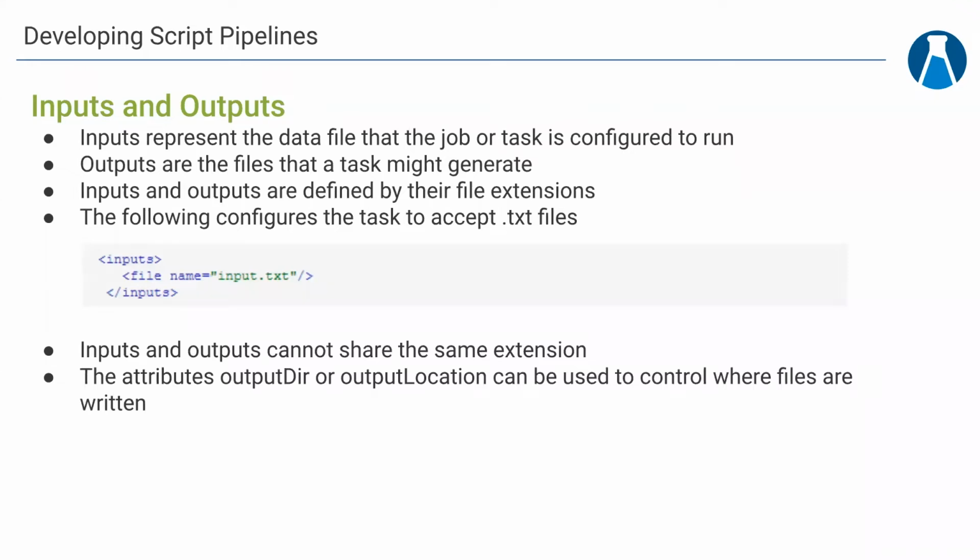The file extension is how LabKey associates a pipeline with the initial input file that it will execute on. As we'll see in a little bit, when we look at how they're run, the file extension is where we actually associate and find the pipeline to execute.